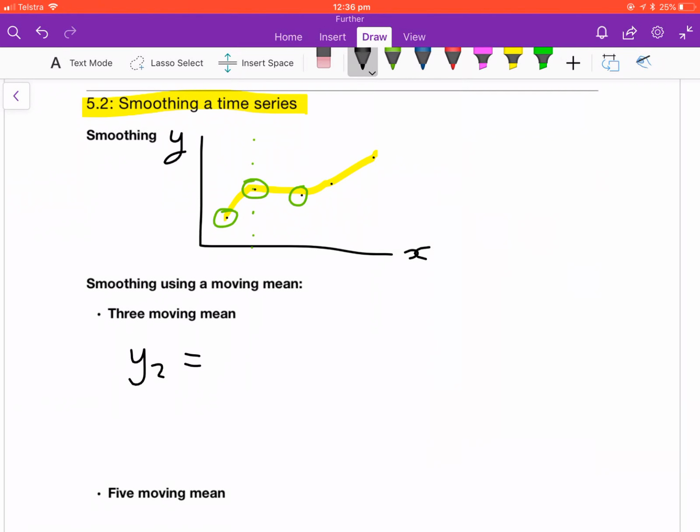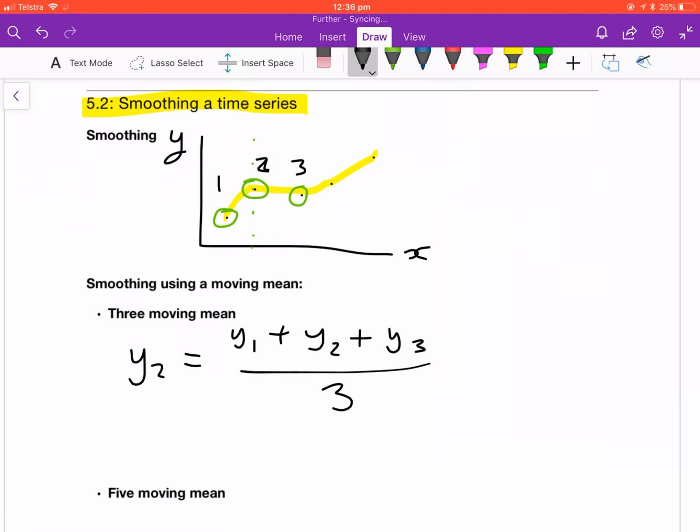The first point you do is this second one, y2, and the value of that is going to be the mean of those 3 points, 1 either side, so y1, y2 and y3, added together and divided by 3.